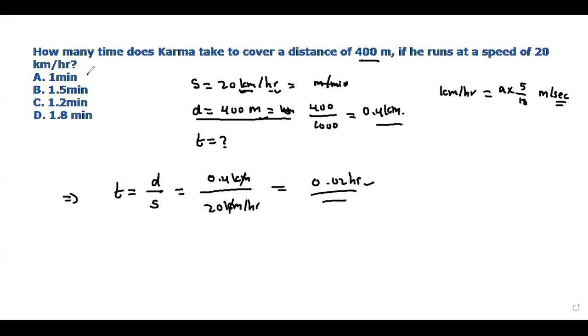But the question asks for the answer in minutes. How are you going to convert that into minutes? We know that 1 hour is 60 minutes. Remember, so for 0.02 hour you just multiply 0.02 hour times 60, and you will get it in minutes.